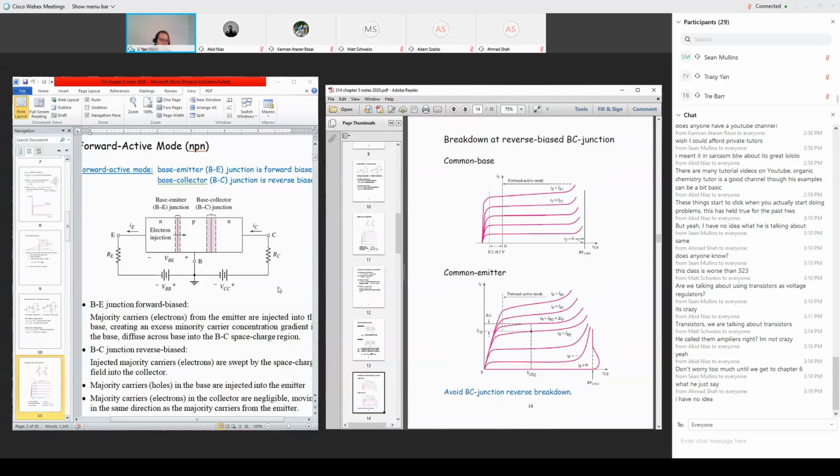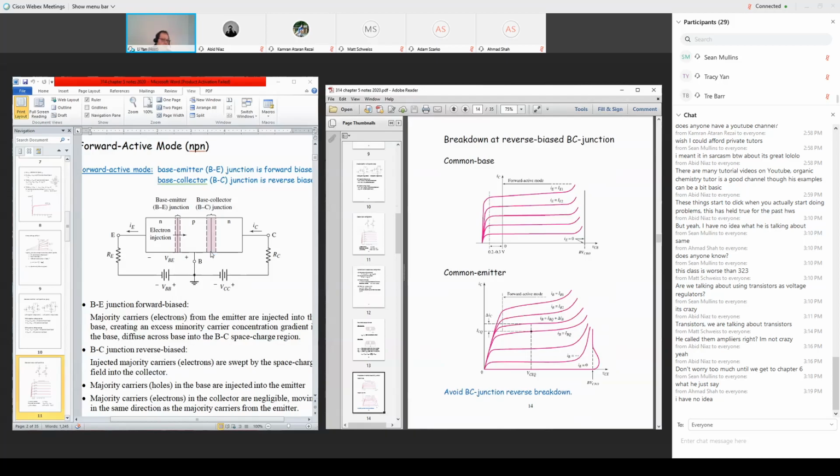However, keep in mind that the second PN junction, between base and collector, is under reverse bias. What happens if this voltage VCC is too strong? If it's too strong, reverse breakdown can happen at this PN junction.